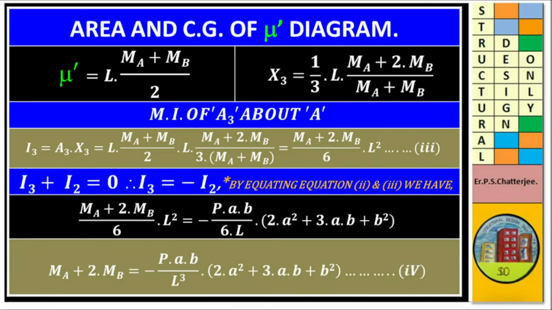Therefore we can write MA + 2MB = -P A B/L³ × (2A² + 3AB + B²). And this is our equation number 4.